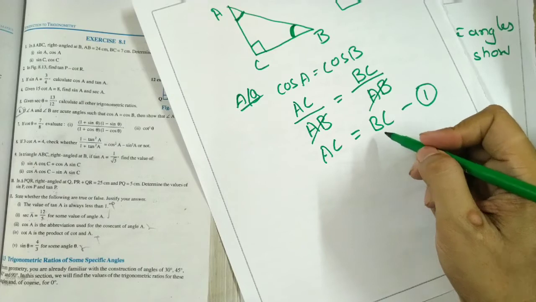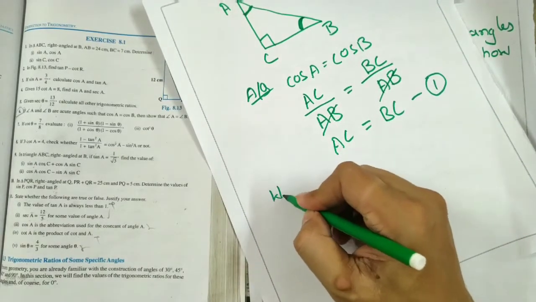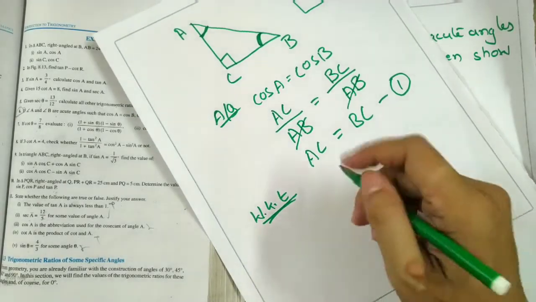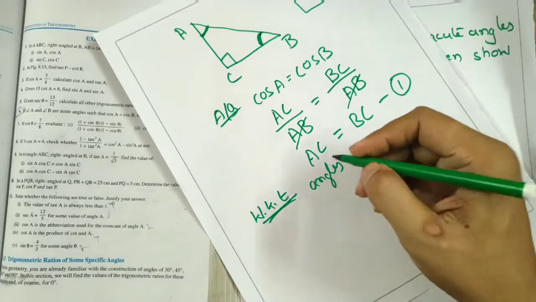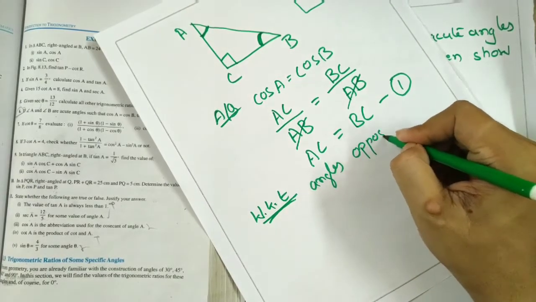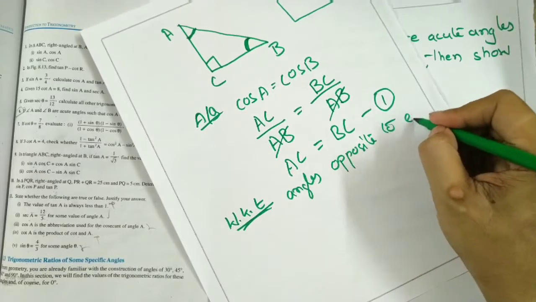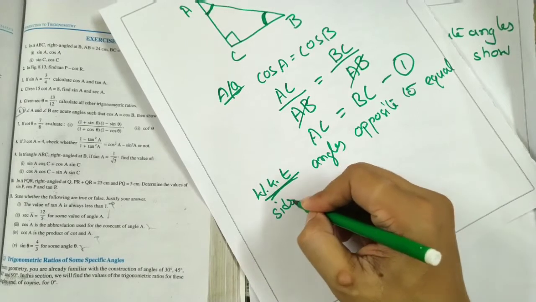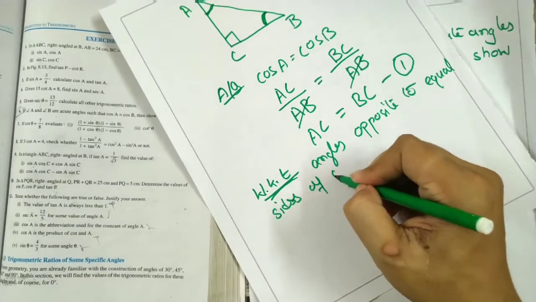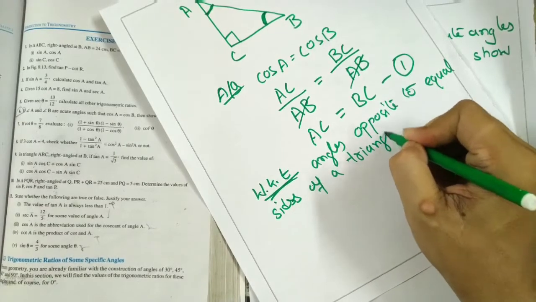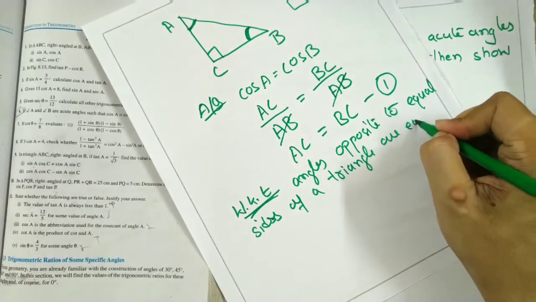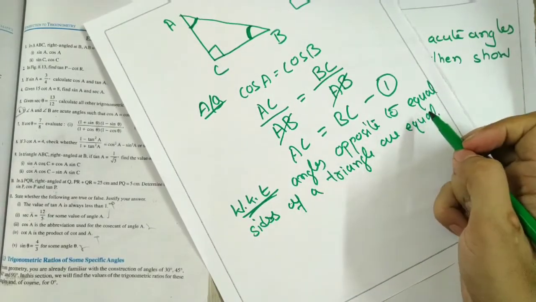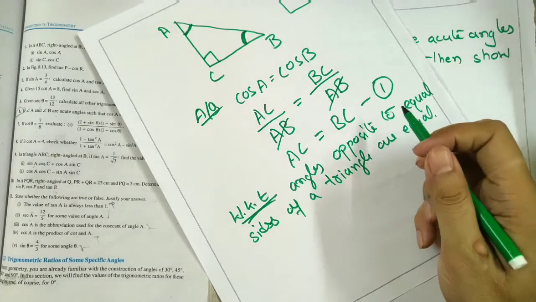Now we know that there is a property of a triangle, or we can say there is a theorem of a triangle, that is angles opposite to equal sides of a triangle are equal. Okay, we know there is a theorem, that is angles opposite to equal sides of a triangle are equal. This theorem we have learned in class 9.